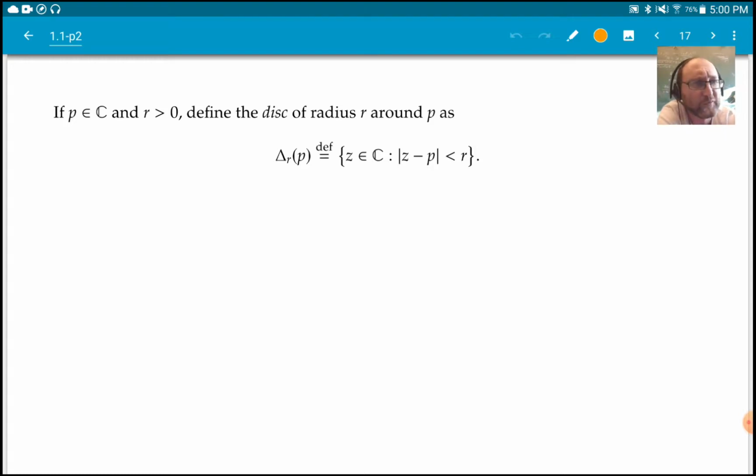Now let's give some notation and terminology. What do we mean by a disk? A disk of radius r centered at P, or around P, is the set of all z in the complex plane whose distance to P is less than r.